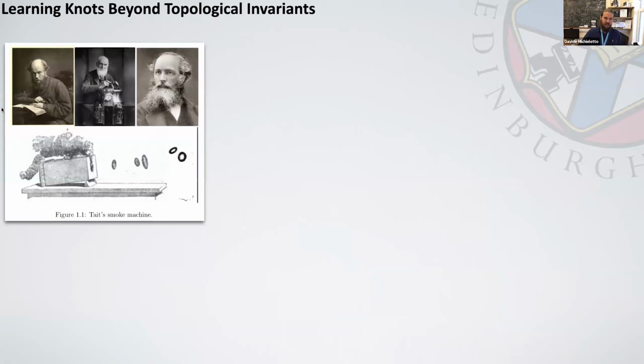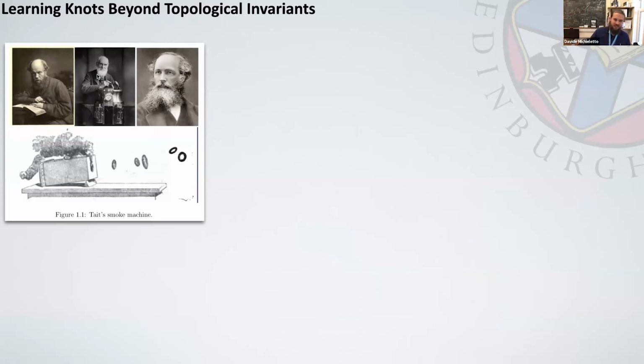These three guys are Peter Guthrie Tait, Lord Kelvin, and James Clerk Maxwell. They were all contemporaries. The road just in front of the institute here is Peter Guthrie Tait Road, and the building where I am at the moment is the James Clerk Maxwell Building. And Lord Kelvin was in Glasgow at the same time.